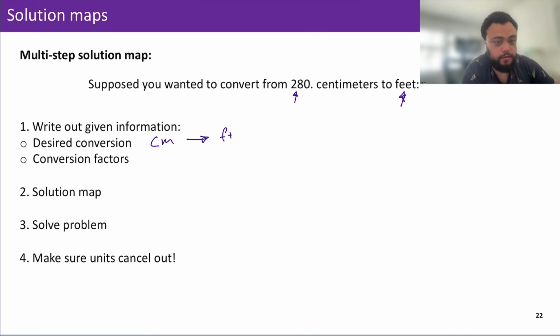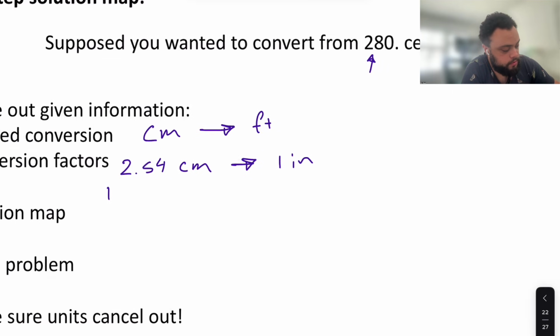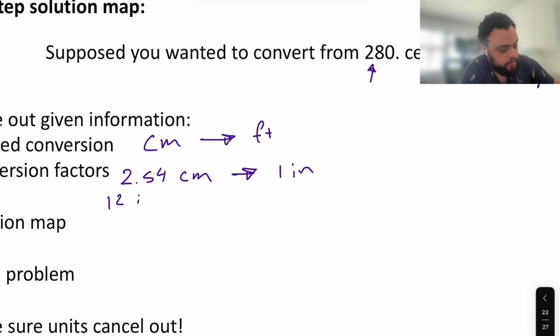Our conversion factors are going to be that 2.54 centimeters goes to 1 inch, and there are 12 inches in 1 foot.